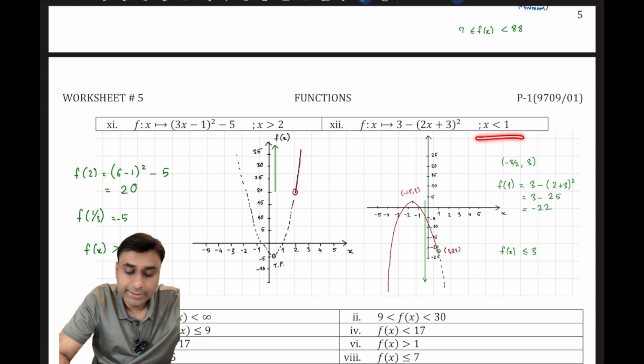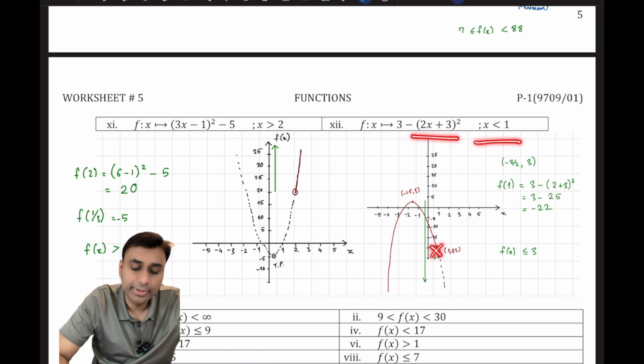Whereas if you look at this particular example where it says x is less than 1, I can find out the corresponding range. If I consider x less than 1 and look at the turning point, which comes out to be negative 1.5, then in x less than 1, negative 1.5 would be part of the domain. So I have to consider the turning point.